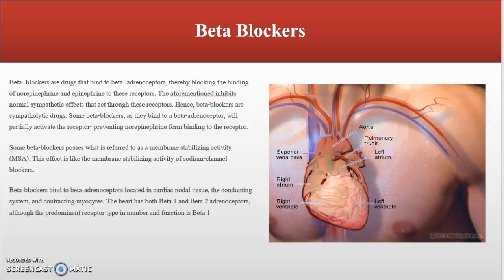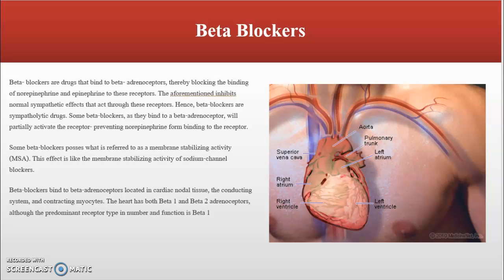Now, I should state before that there are different classes of drugs that function similarly to beta blockers. There is the calcium channel blocker, and as I just mentioned, there is the sodium channel blocker.